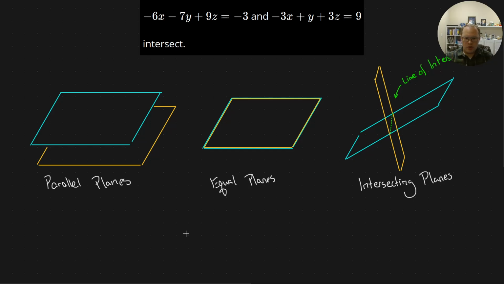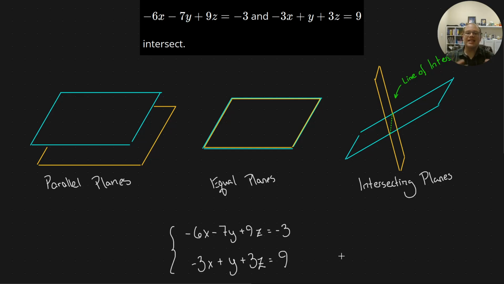So we know where these 2 planes intersect, the x, y, and z values are going to satisfy both equations at the same time. The first equation would be true for that x, y, and z, and if you plug the point of intersection into the second equation, it'll also be true, right?